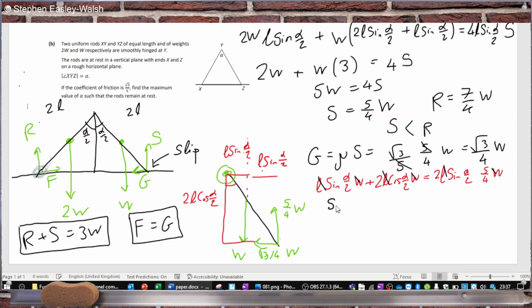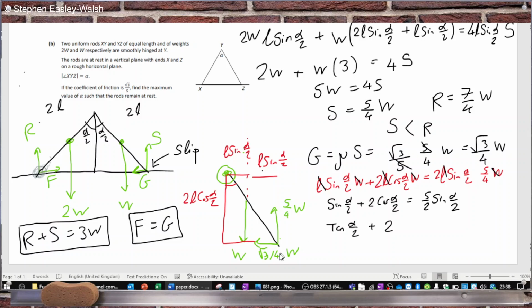So here you're left with sine alpha over 2 plus 2 cos alpha over 2 equals 5 over 2 sine alpha over 2, because the W is gone, the L is gone. Now if I divide by cos, I can change these into tan. So sine divided by cos, that's tan alpha over 2 plus 2.